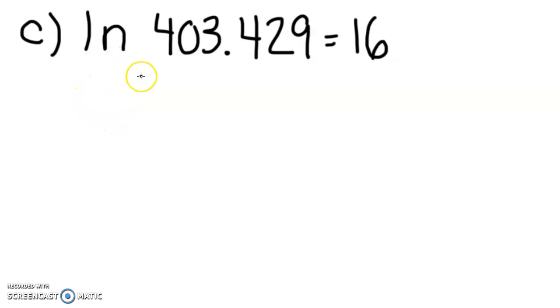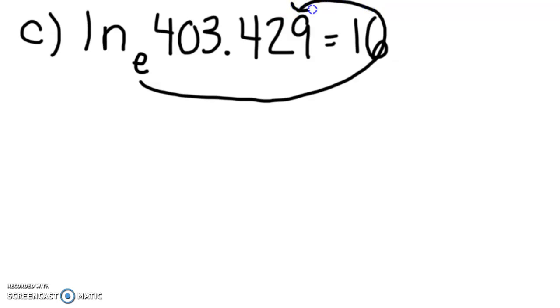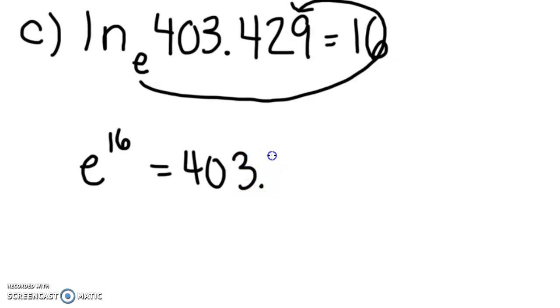Right off the bat, you have natural log, which means you've got a base of e. So we're going to just do our log roll. You can rewrite this as e to the 16th equals 403.429. That's it.